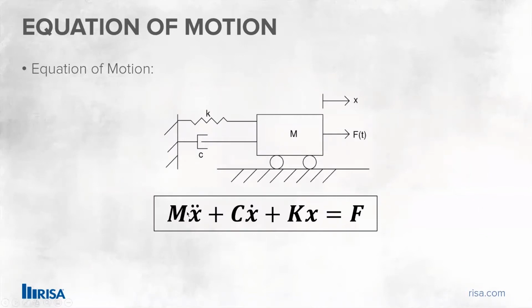So mass times acceleration will be your force of inertia. Plus c times x dot, this is the velocity times your damping factor, which gives the damping force. Plus k times your displacement, that's essentially your internal forces coming from the stiffness of the system, is equal to your excitation here, F.